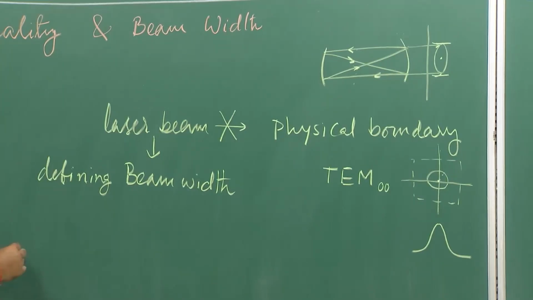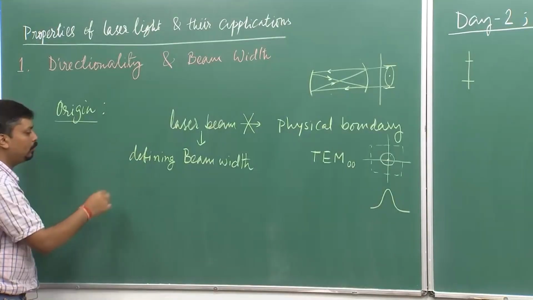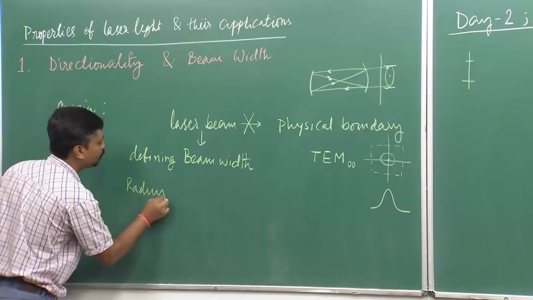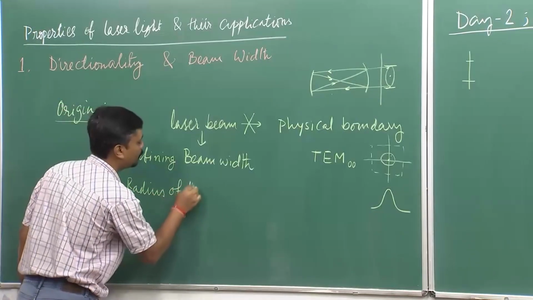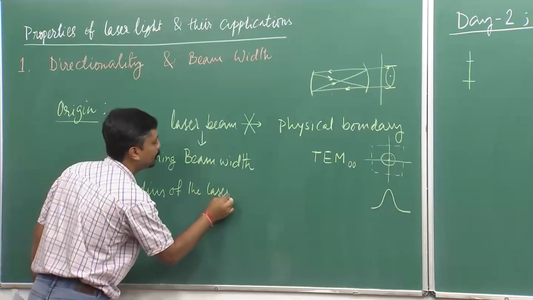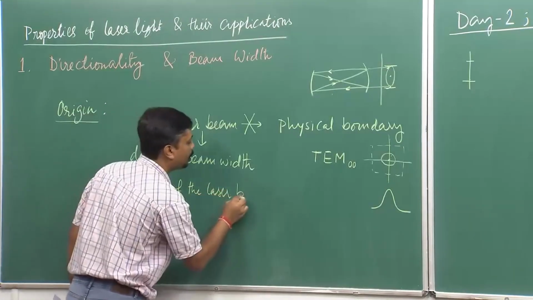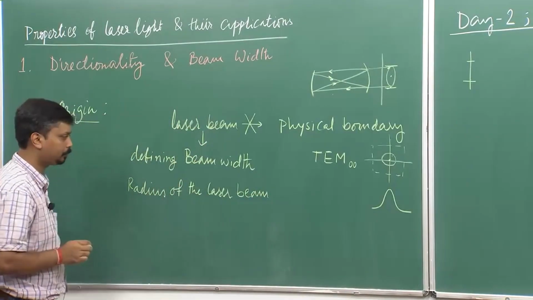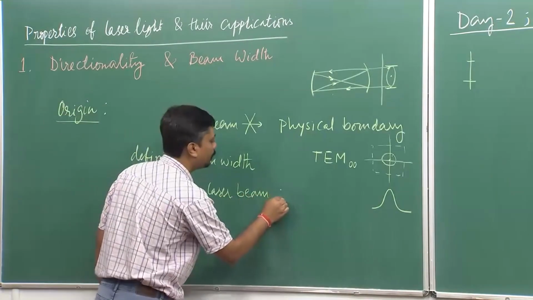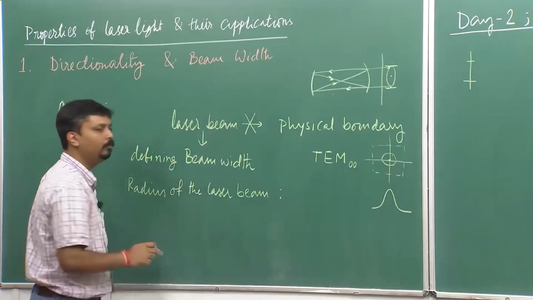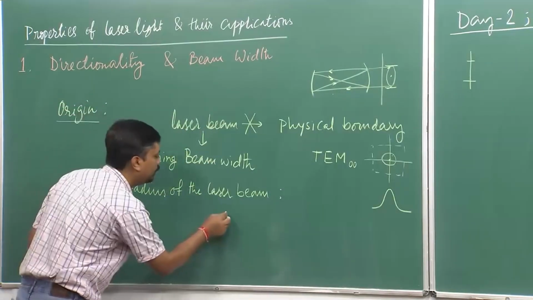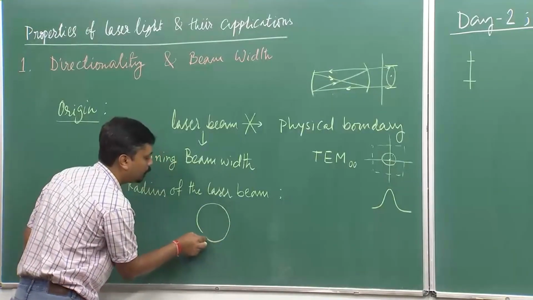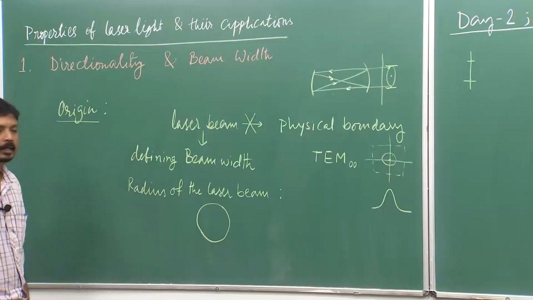So how? The radius of the laser beam is defined as follows. We start from the center. Okay. So, this is my say laser beam cross section.